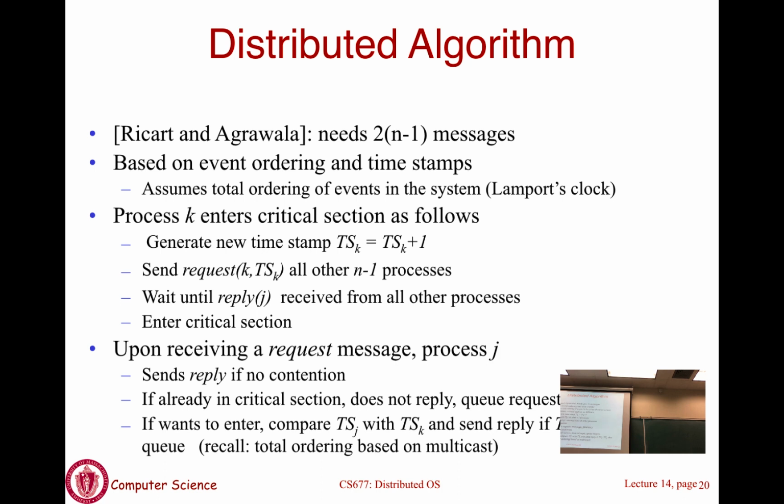Yes? Would it be possible to construct starvation using vector clocks? Could you construct starvation in case of vector clocks? How would you do that? Tied by the process ID, and these two vector clocks are never comparable because they never communicate with each other. So the only starvation case you can think of is a lower ID process repeatedly asks for the lock.